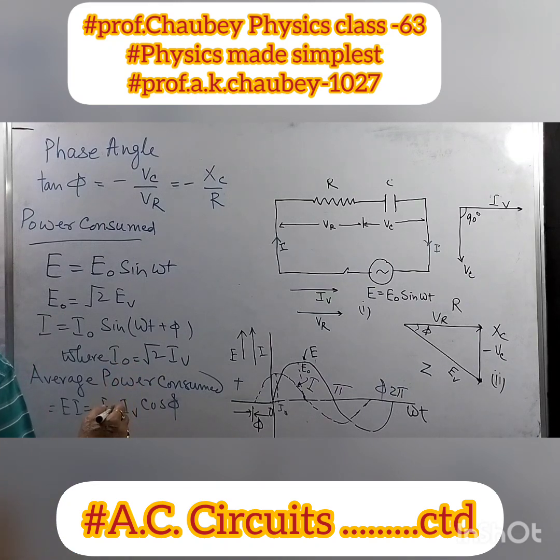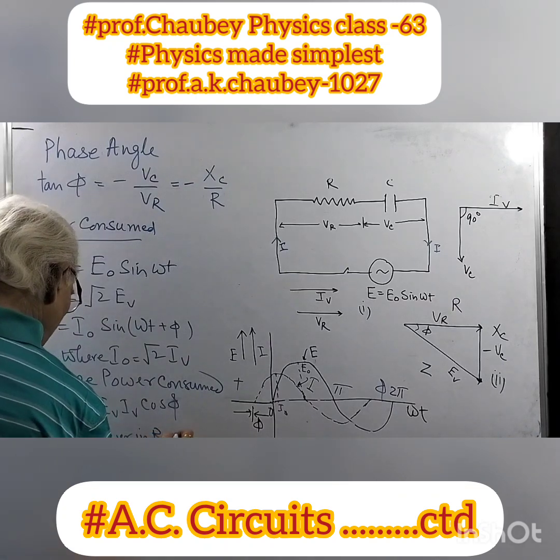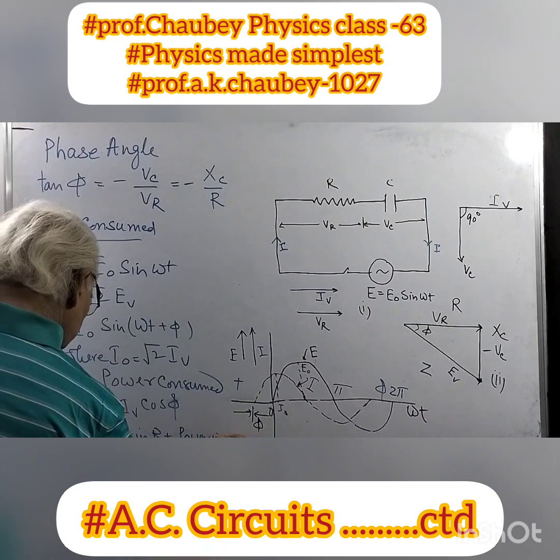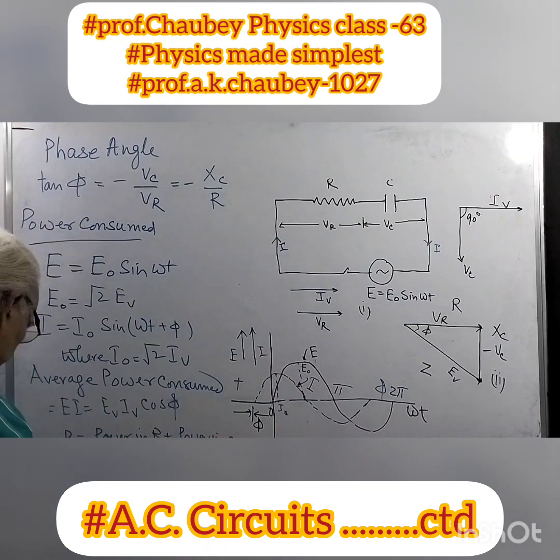And that is P is equal to power in R plus power in C, and that is I_V square R, and this is 0, capacitance, average, because half cycle plus, half cycle minus.